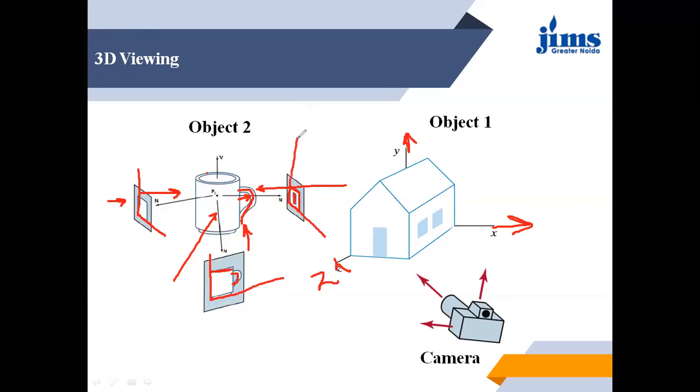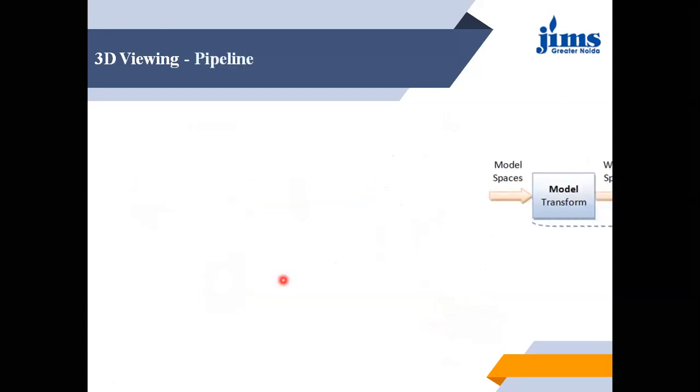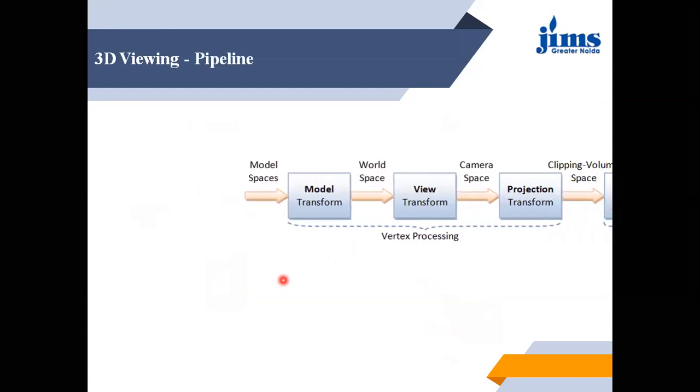So in reality, we have to represent things in two dimensions. As we discussed earlier also, whatever we are seeing with our eyes is a three-dimensional object, but we cannot represent that object on our display, as we know that the display is two-dimensional.